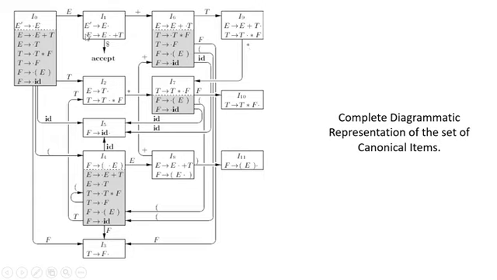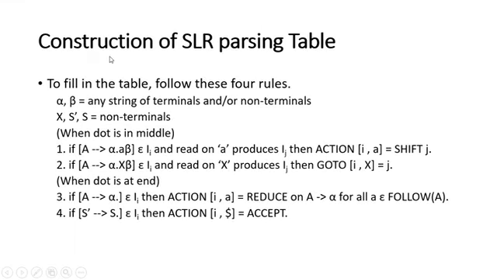And whenever there is a production ending with a dot, like E dot here, and T dot, ID dot, all these are reduce actions. So that is how we understand reduce. And there's an accept action when you get the starting symbol E dash or E dot. So finally, once we understand this, we can always construct the SLR parsing table.